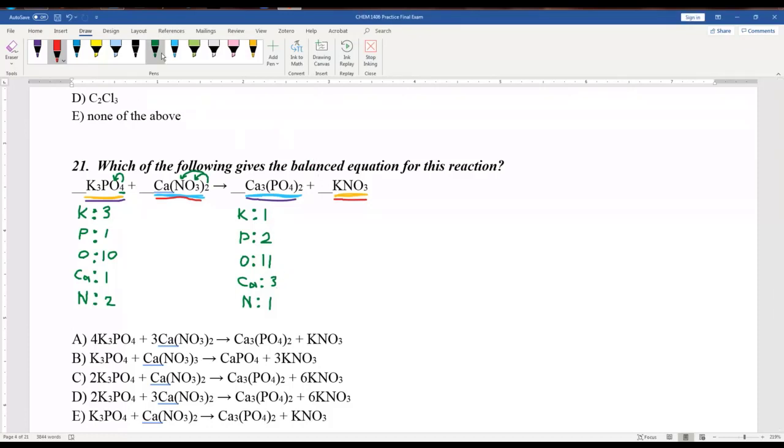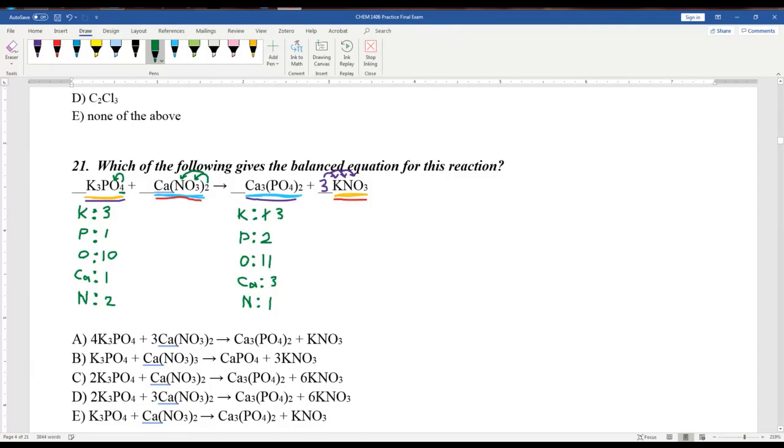So I'm going to have to change the coefficient, and the coefficient is going to be in front of the KNO3. So this 3 is going to be distributed. It will multiply the number of potassiums, the number of nitrogens, and the number of oxygens. So I will recalculate the amounts of each.